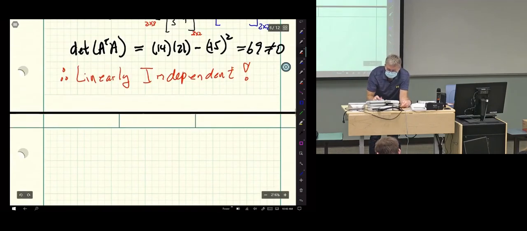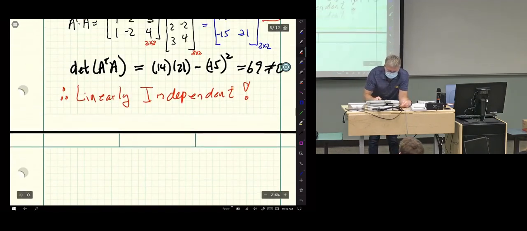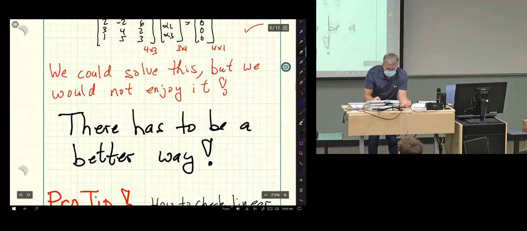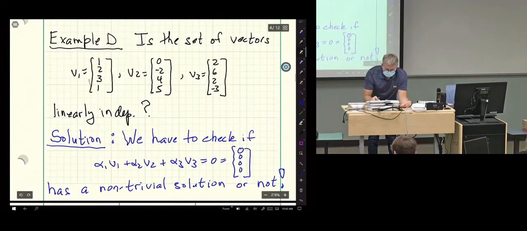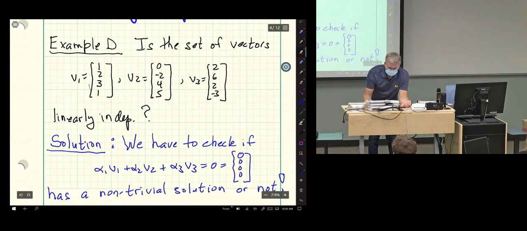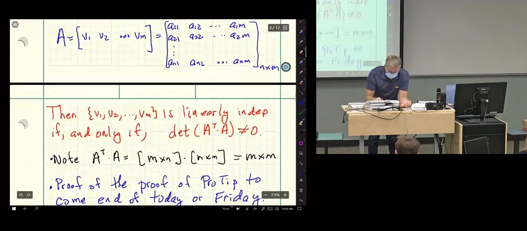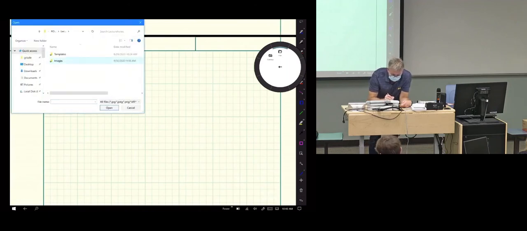Let's do example D. Okay, so this is the one we didn't have the heart to really go through. So let's do this example, and I'm just going to paste it in so we can walk through it. Just make a note that you can copy it out of the images. Example D, yay.